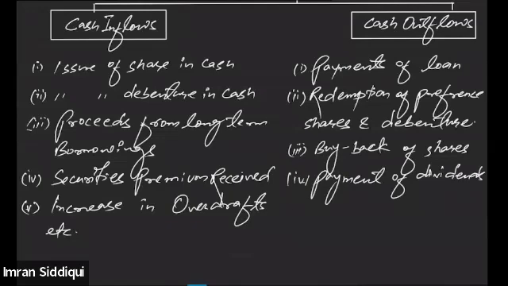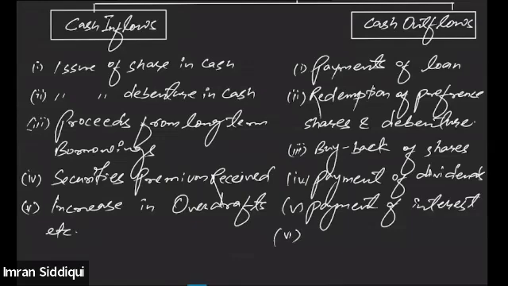Right, and there can also be payment of interest as well, payment of interest on debentures or any other loan or long-term borrowings. Okay, and if there is a premium that we are paying on the redemption of preference shares or debenture, such premium also leads to the cash out.